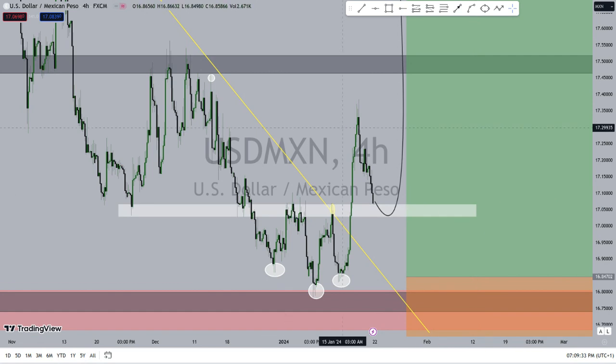I said USD MXN was going to be bullish, and we can see price has given us clear price action around here. So we are now 90 to 95% certain about this bullish move.